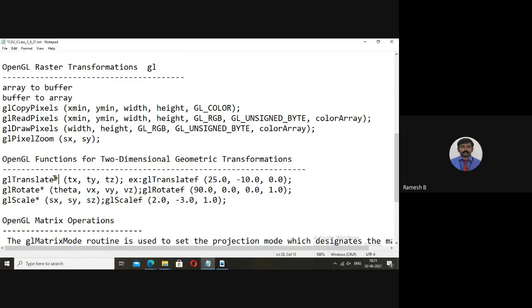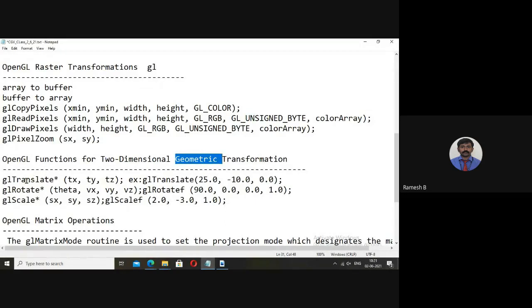The star may take any value. Here it is F: if all the values are float, we write F. If the function takes integer, we write I. If it takes vertices, we may write V. So this is a method provided by OpenGL to do two-dimensional geometric transformation.